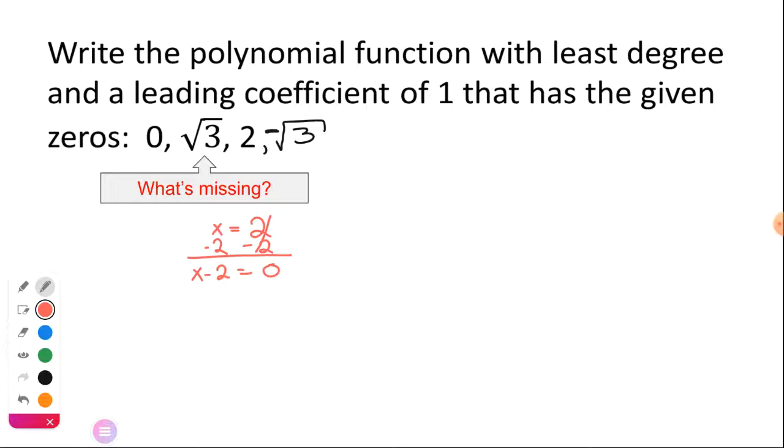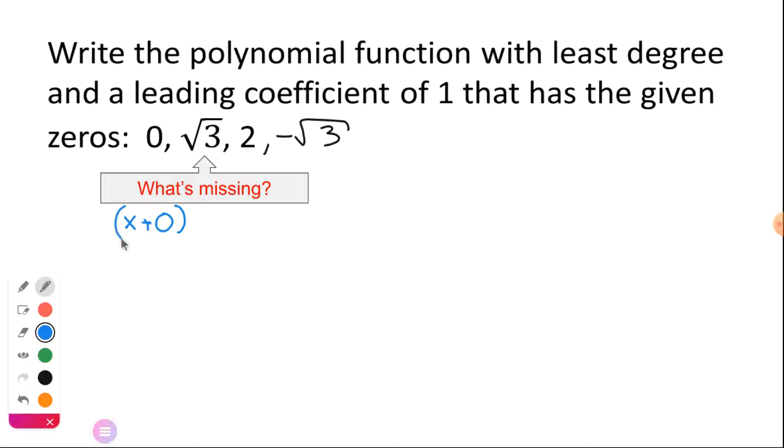So when I write out the new polynomials, for the zero at the positive square root of 3, x equals square root of 3, I would subtract it to the other side, so I would get x minus square root of 3.